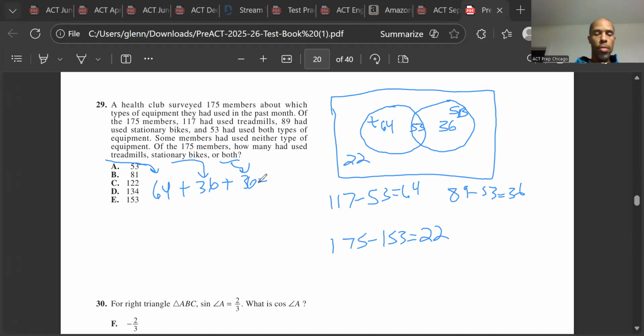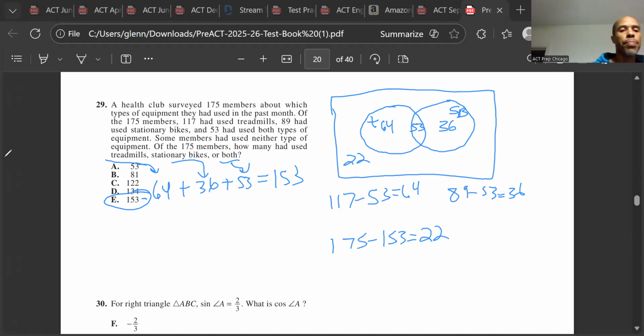When you add those up, that's 153. The 153 members had either used treadmill, stationary bikes, or both. You could have taken that from the null set too.